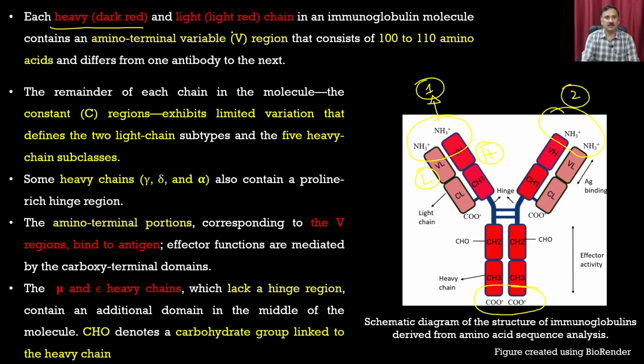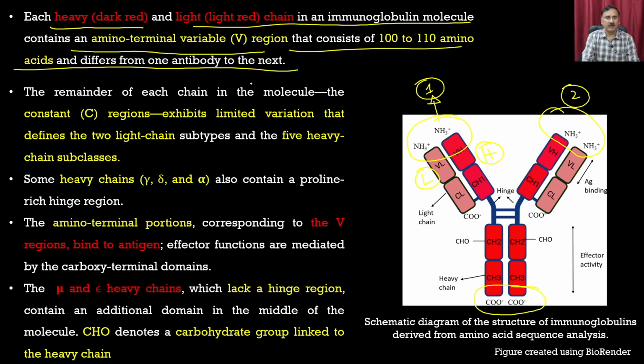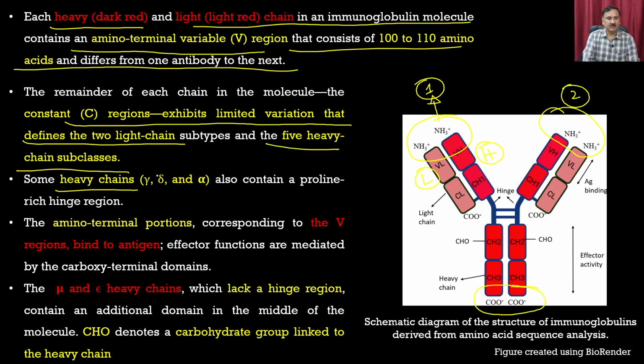The heavy and the light chain in an immunoglobulin molecule contain the amino terminal variable region that consists of 100 to 110 amino acids and differs from one antibody to another. The constant region exhibits limited variation that defines the two light chain and the heavy chain subtypes. The heavy chains, gamma, delta and alpha, also contain a proline rich hinge region.